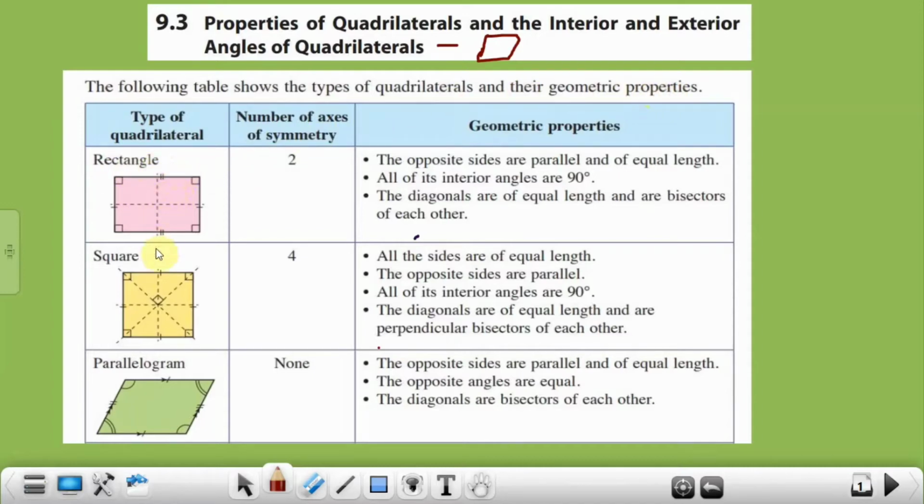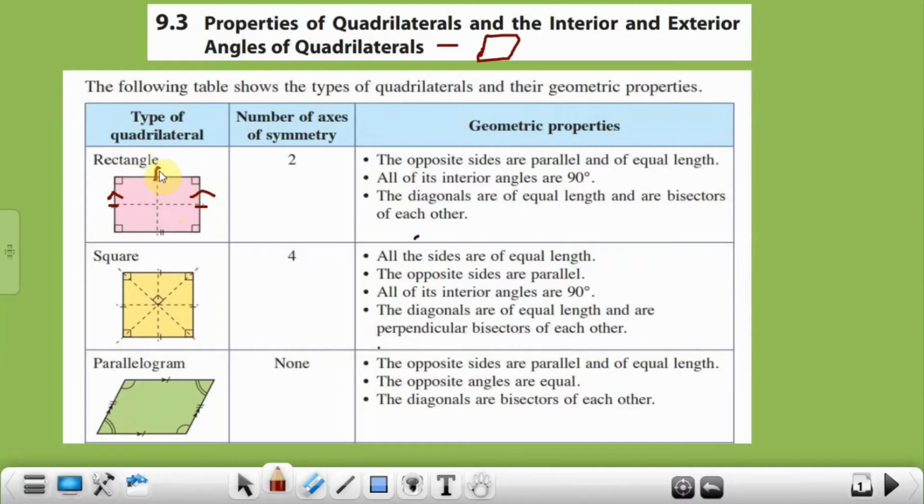Rectangle, it has two axes of symmetry, means that this axis of symmetry will divide this rectangle into two equal parts. Okay, then the opposite sides have equal length, means that this side and this side have equal length and they are parallel to each other. Same goes to the other side.